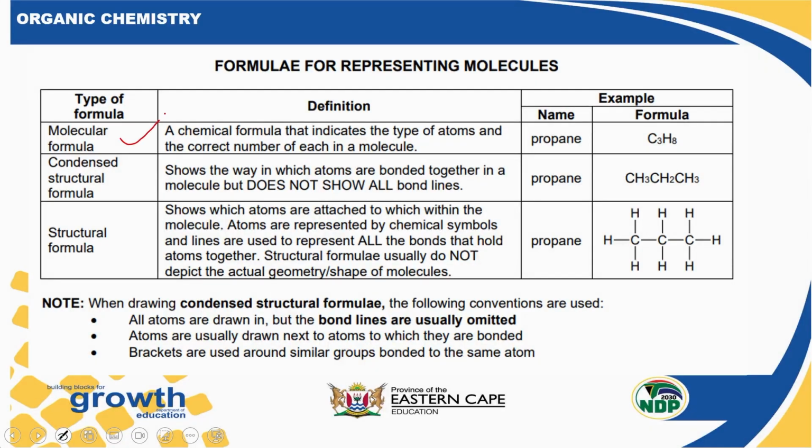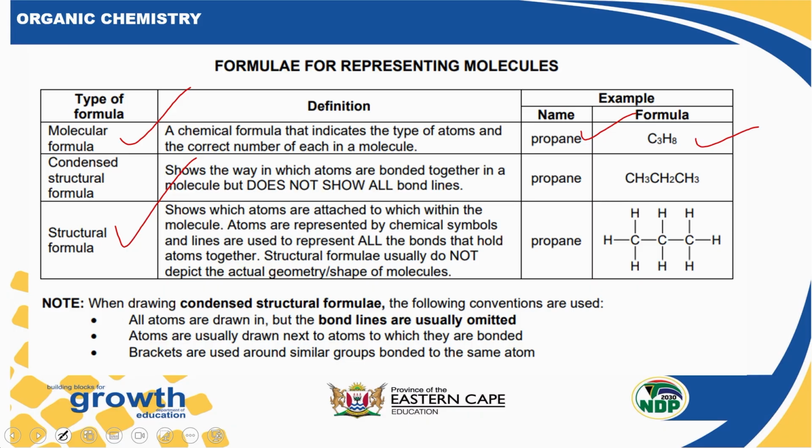Now, whenever we are representing molecules, 1, a learner must be able to write a molecular formula of a substance. You look at your propane. Your propane, its molecular formula would be C3H8. A learner should also be able to write a structural formula of a compound.